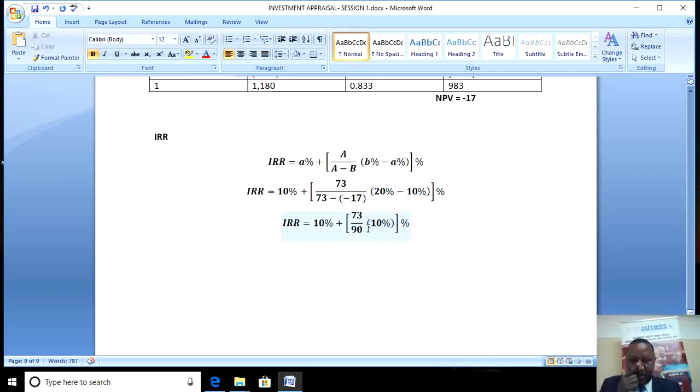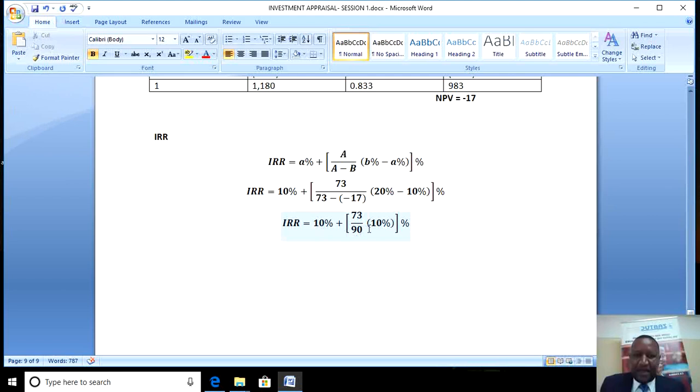So what is 73 divided by 90 multiplied by 10? Let me just work out 73 divided by 90, then the answer multiplied by 10, that will give you 8.11.